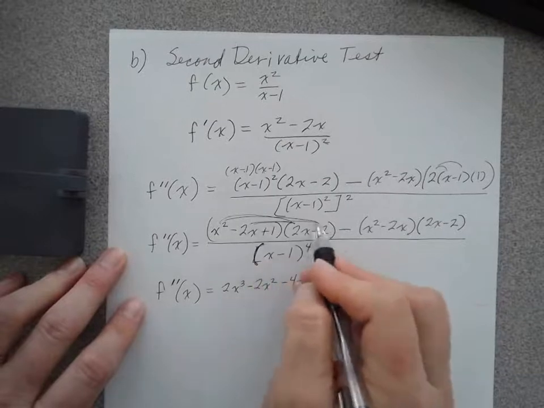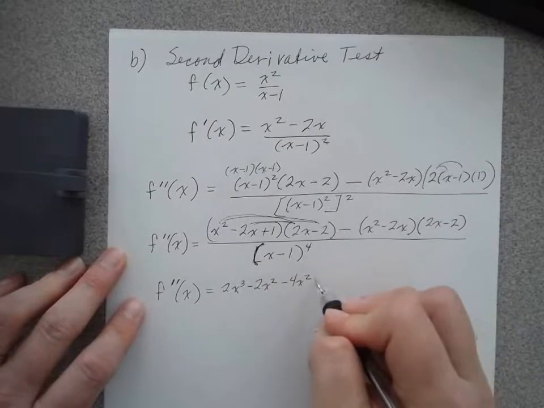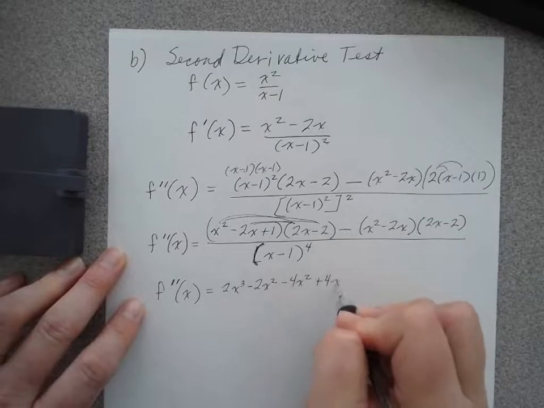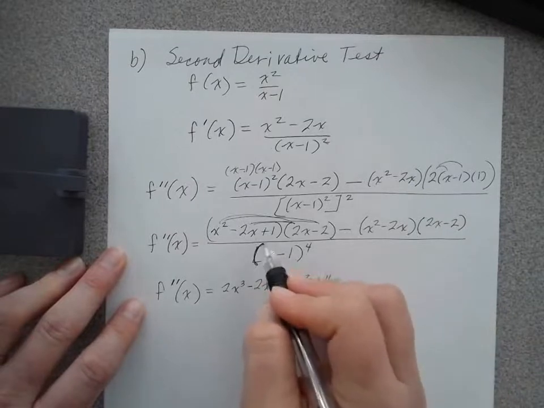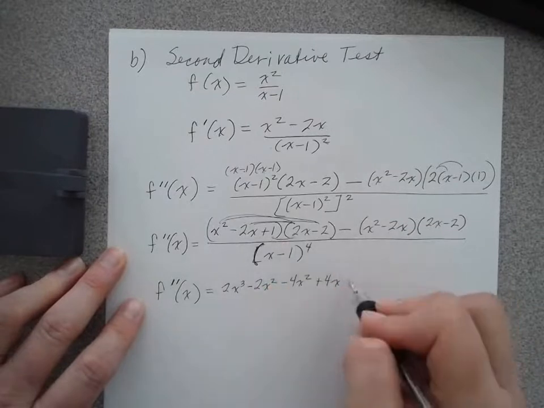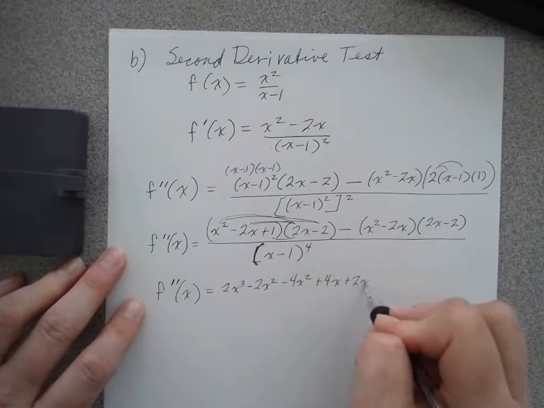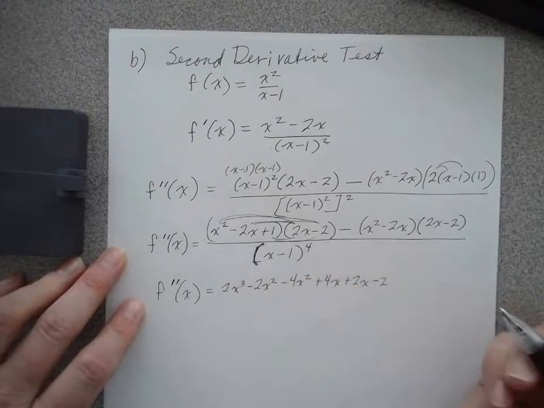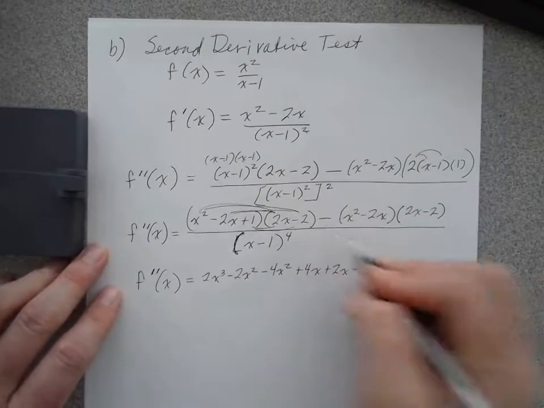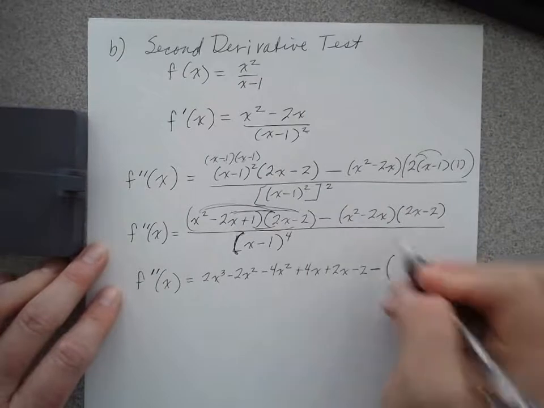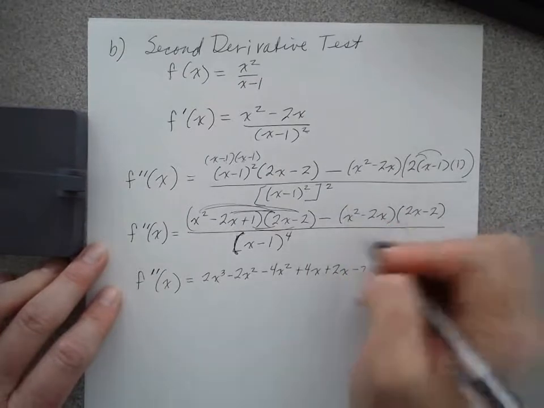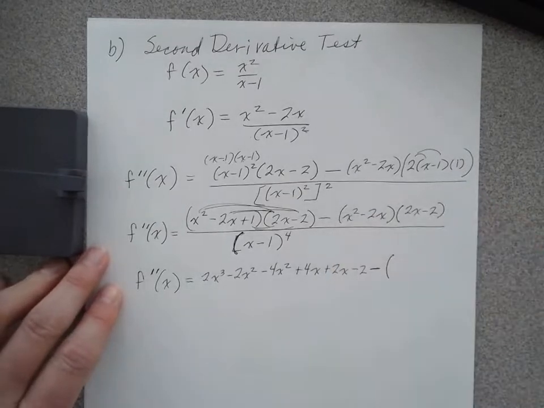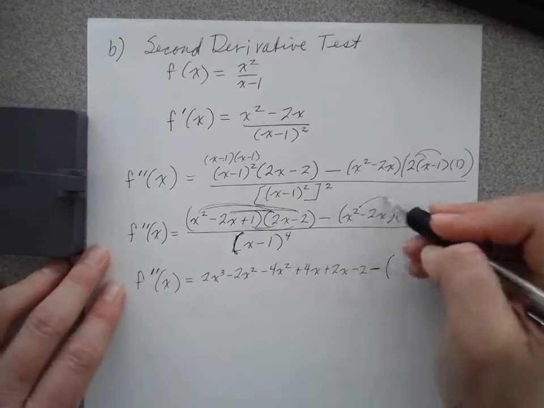And then negative 2x times negative 2, negative times negative, positive 4x, good. And then positive 1 times 2x, and positive 1 times negative 2. All right, and then minus, and leave this in parentheses until you finish all of the multiplication over here, and then we'll distribute the negative. So x squared times 2x.